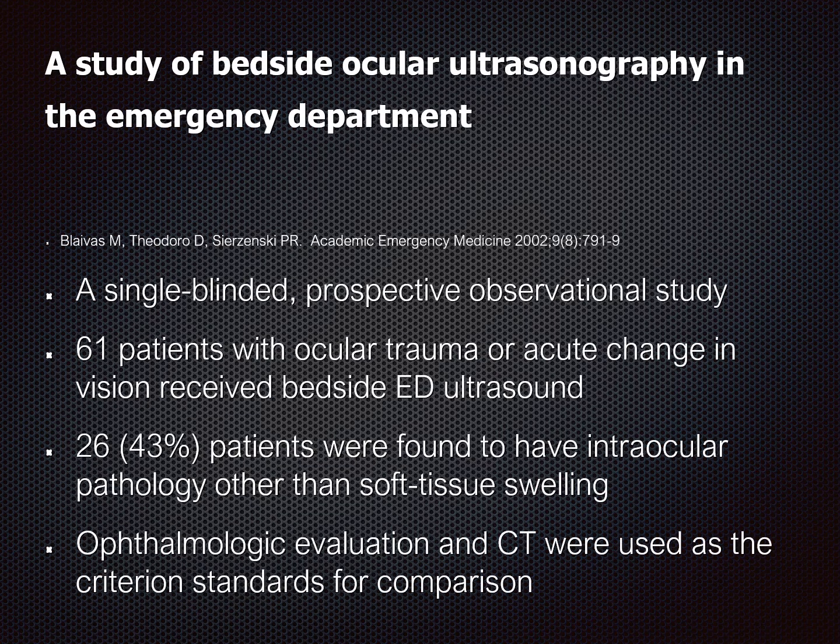So anytime you do an ultrasound talk, you have to do the obligatory data that shows that we can do this ultrasound and that it correlates with the gold standard. This is one of the first big studies for ocular ultrasound. They compared ER point of care ultrasounds to the quote gold standard of an ophthalmologic evaluation or a CT.